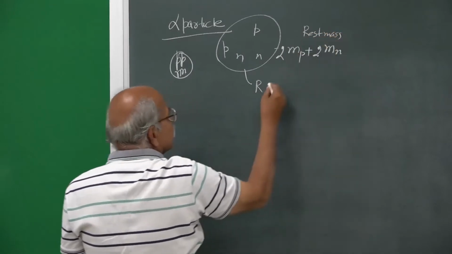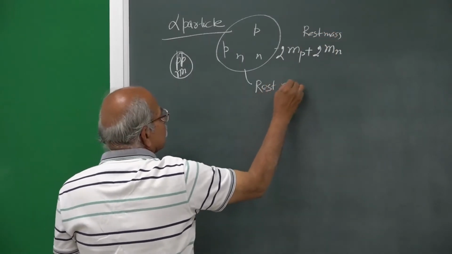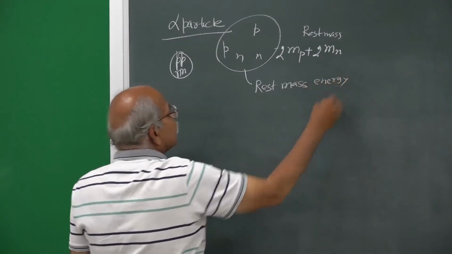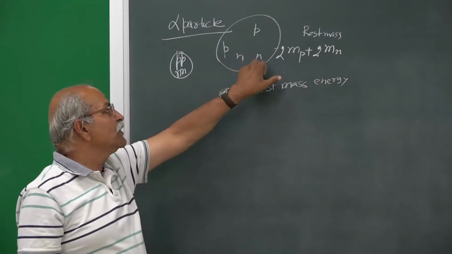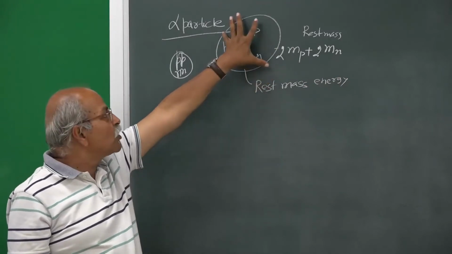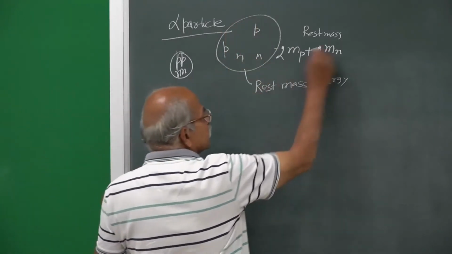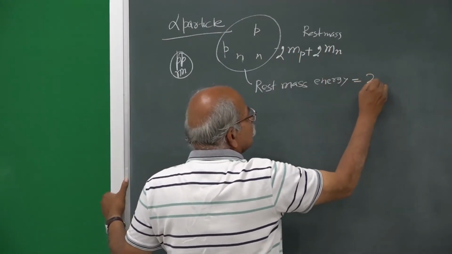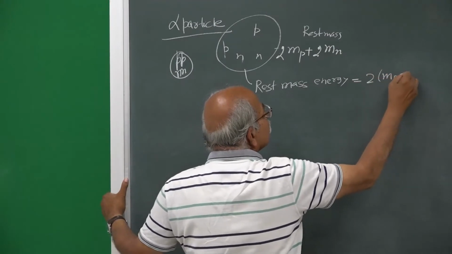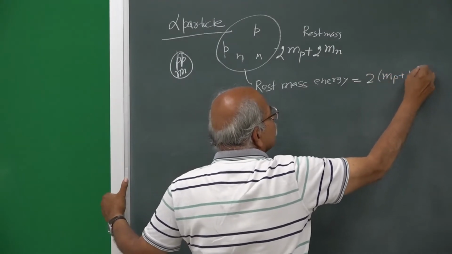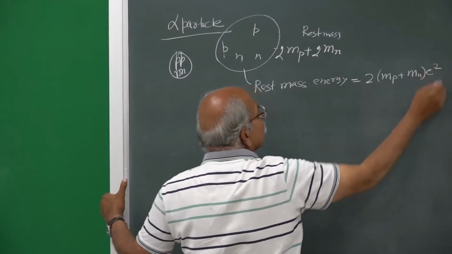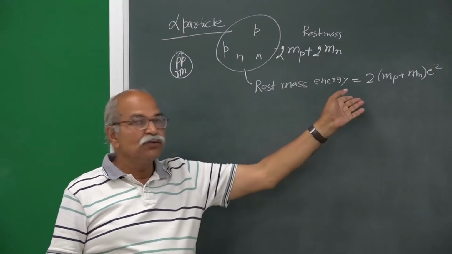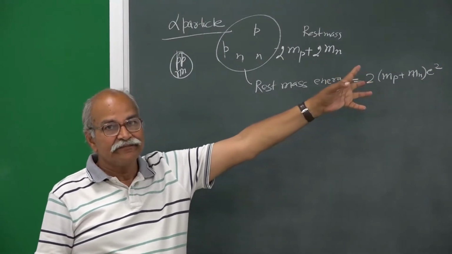No kinetic energy, nothing is moving. So, for this combination the rest mass energy is this multiplied by c squared, that is (2mp + 2mn)c². It is just the addition of 2 proton rest mass energies and 2 neutron rest mass energies.